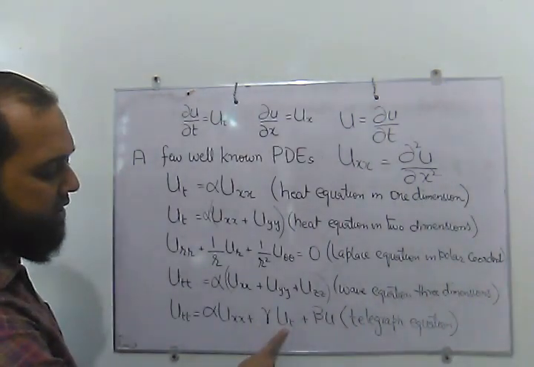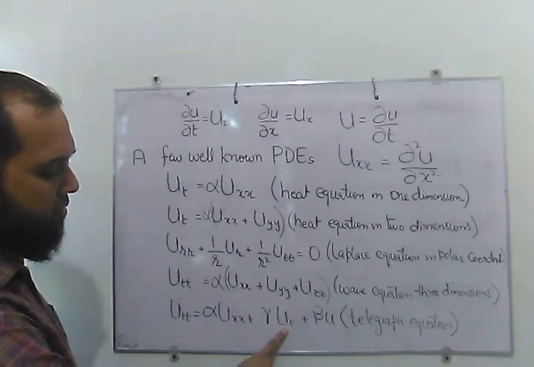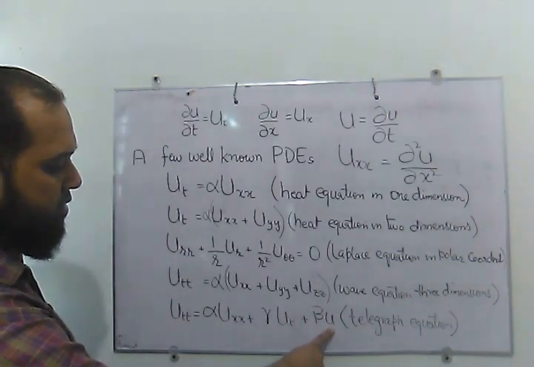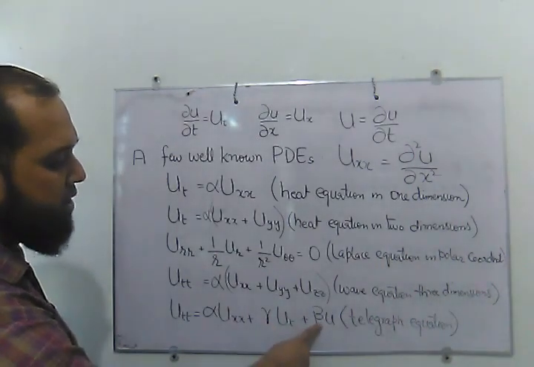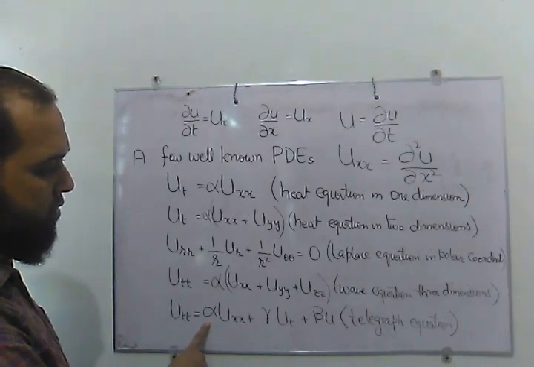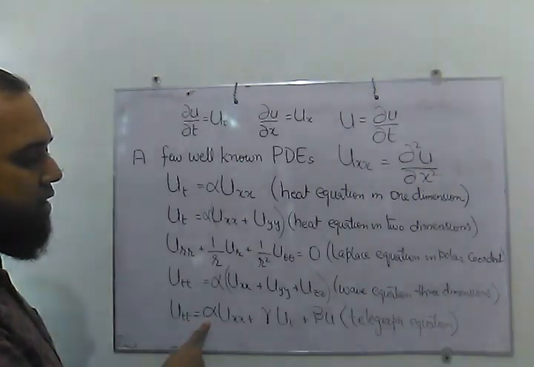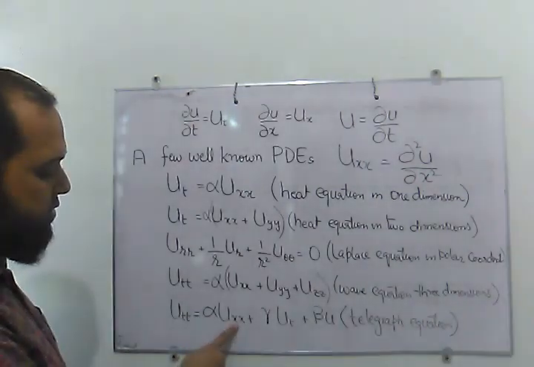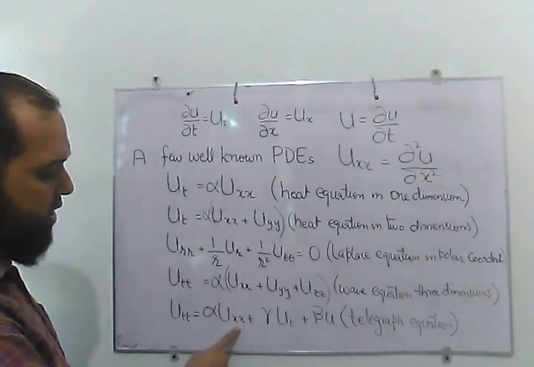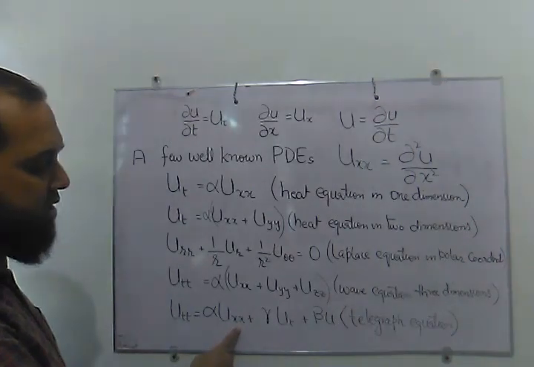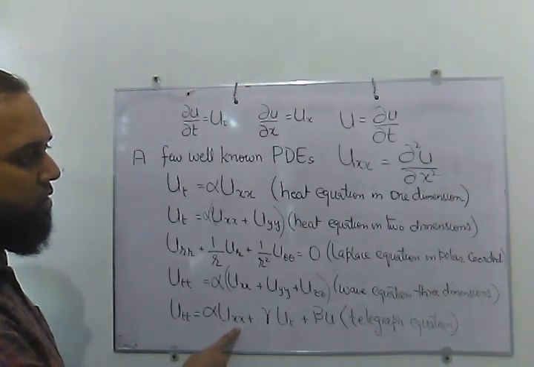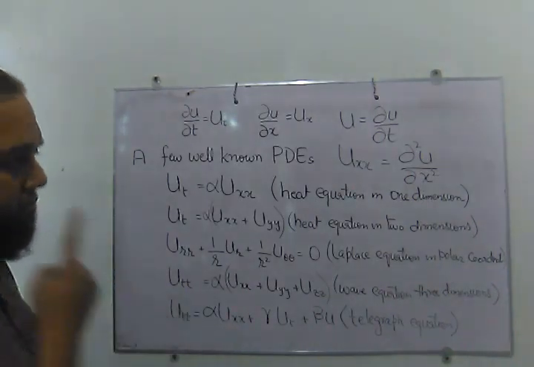For example, the single derivative with respect to u and u itself is present. These gamma and beta are constants. Again, there is alpha. So this is a telegraph equation, but because there is only the x coordinate, you can say that yes, this is xyz, so this is a rectangular coordinate system and only x is present, therefore this is in one dimension.